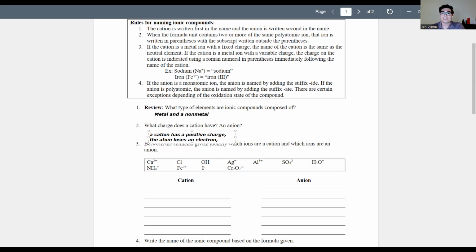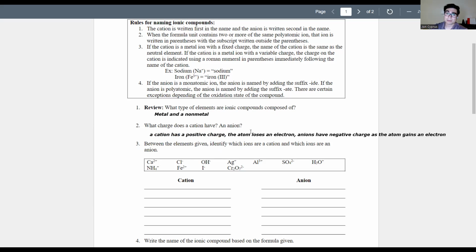On the inverse, anions have a negative charge because they gain an electron. So positive charge, you lose electrons; negative charge, you gain electrons.